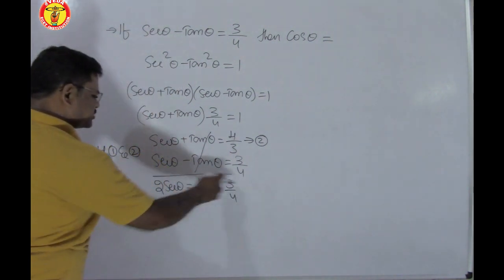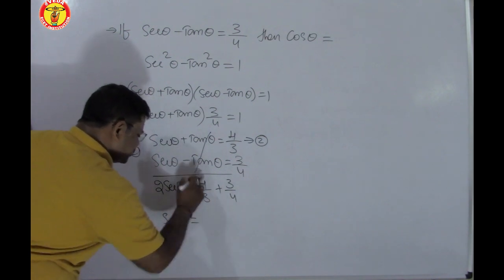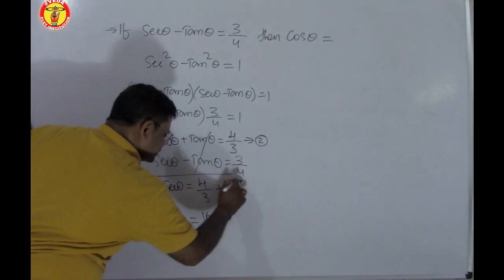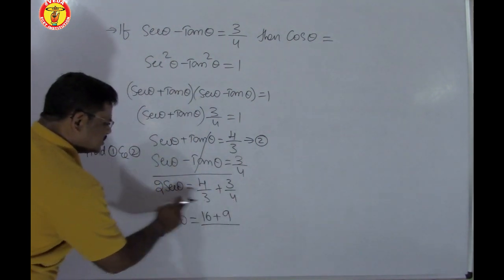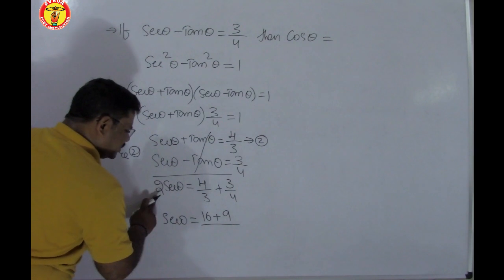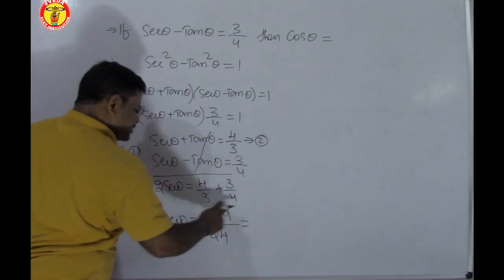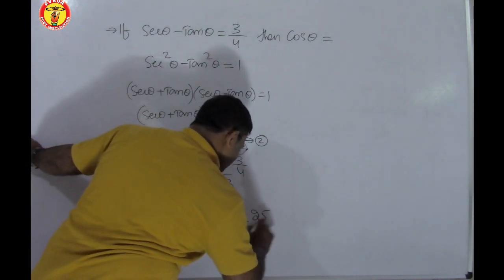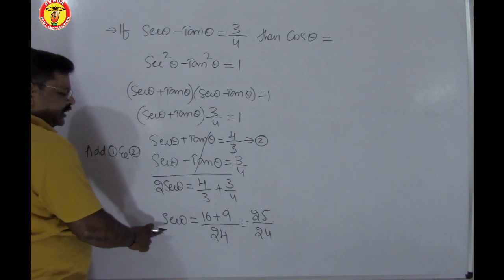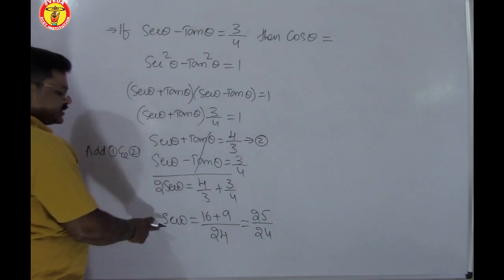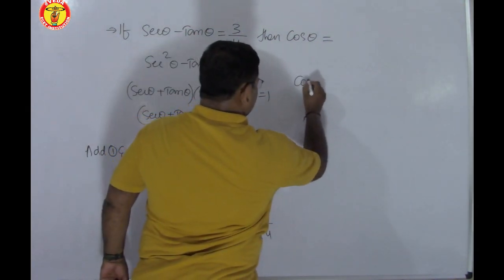After cross multiplication, secant theta is equal to 16 plus 9 divided by 3 fours are 12, but this 2 is again multiplying here, 12 into 2 is 24. 16 plus 9 is 25, so 25 by 24. This is the value for secant theta. Now in our question he is asking about cos theta. If you are reciprocating, the reciprocal of secant is cos.